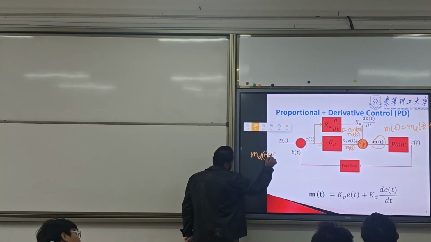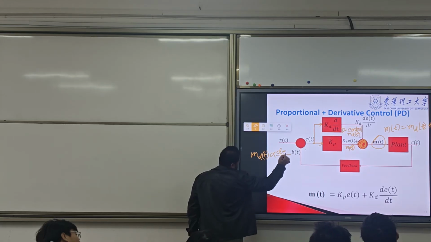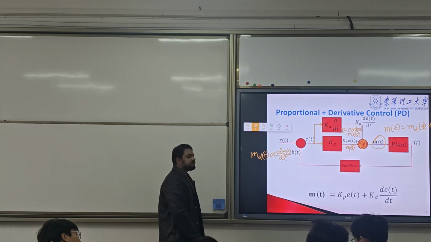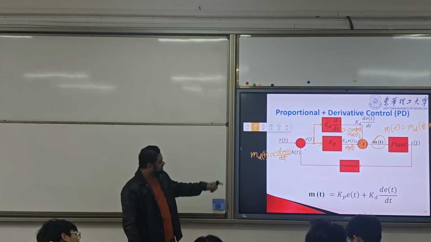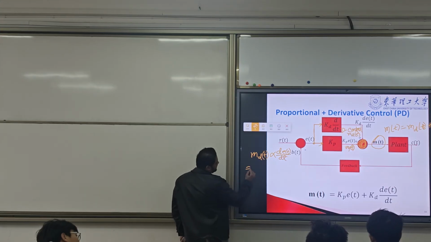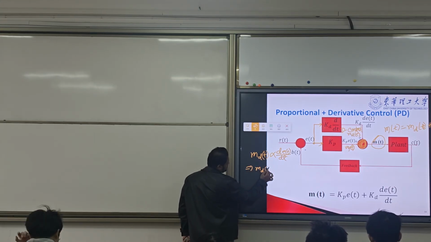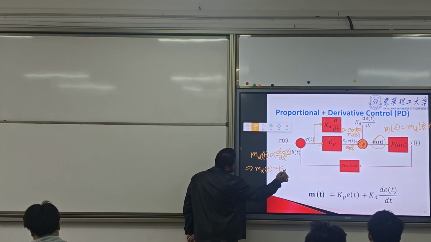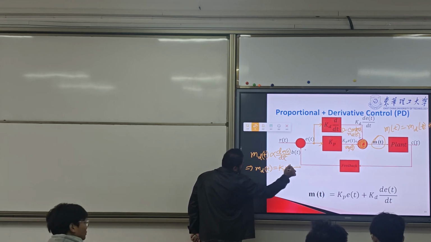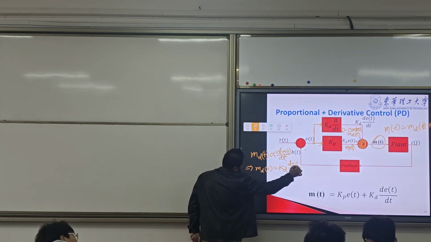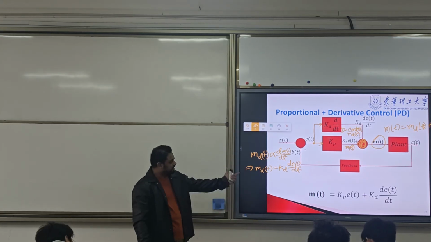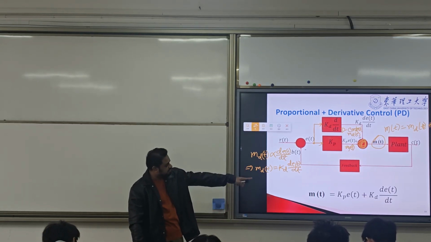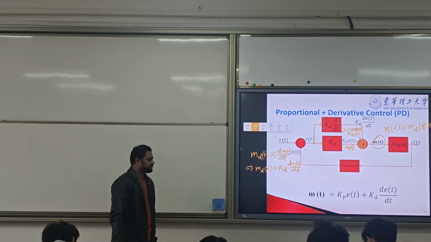MDT is proportional to d et dt. This is the derivative. So MDT will be equal to kd into d et by dt. So now add both kp et and kd into d et dt.